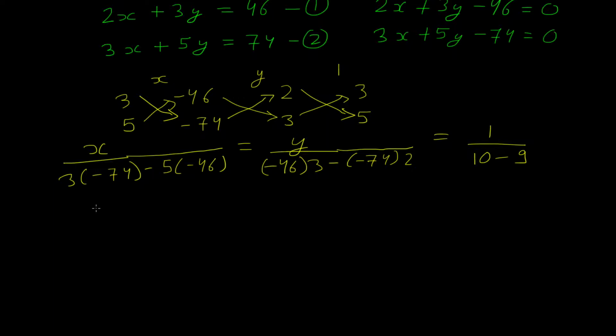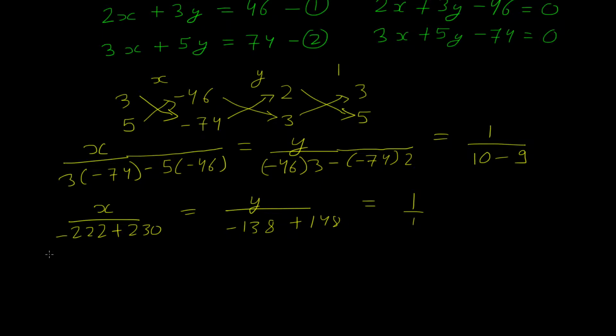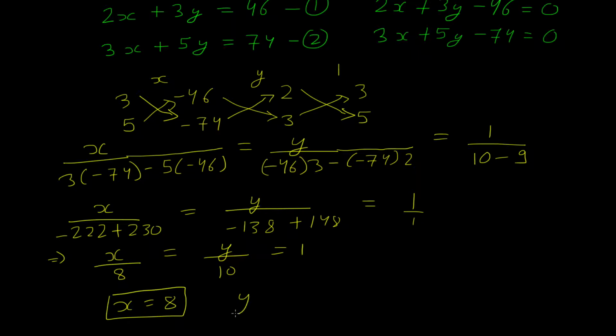So what we have here is x divided by minus 222 plus 230 is equal to y divided by minus 138 plus 148 is equal to 1 divided by 1. Therefore we have x divided by 8 is equal to y divided by 10 is equal to 1. Therefore what we have is x as 8 and y as 10.